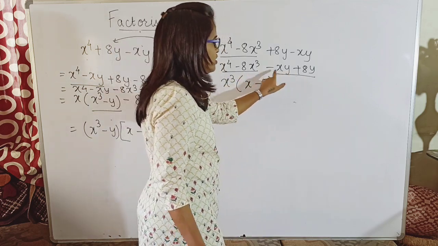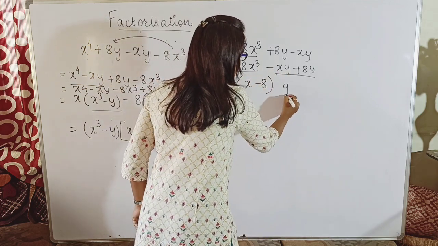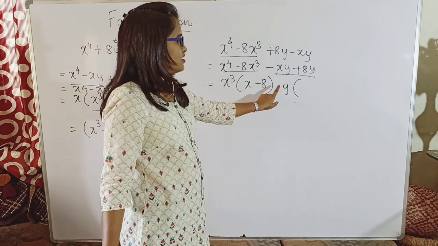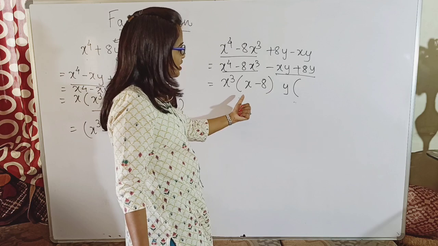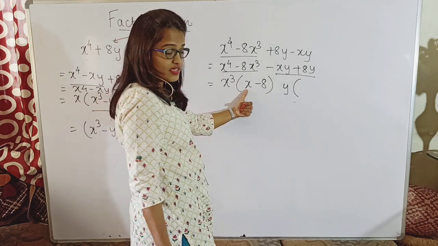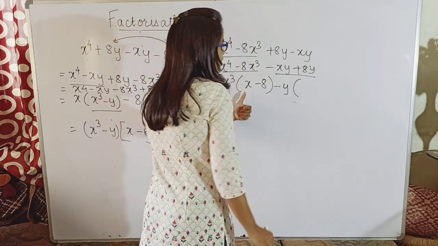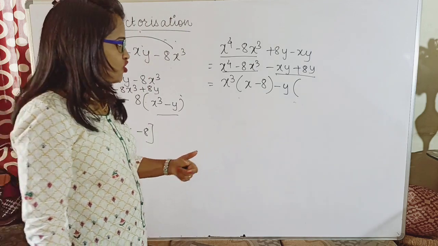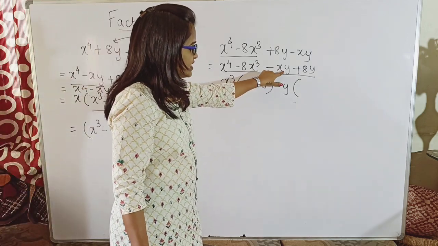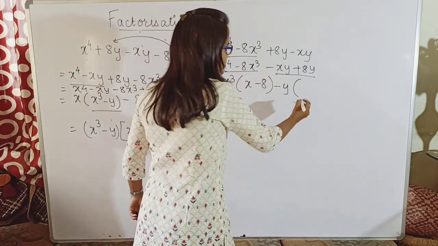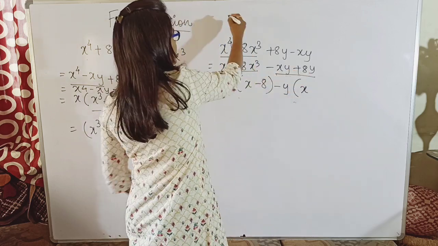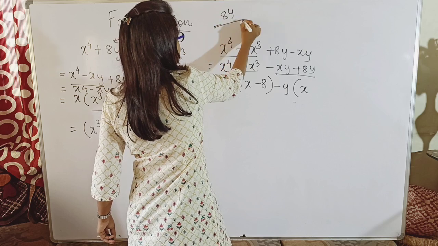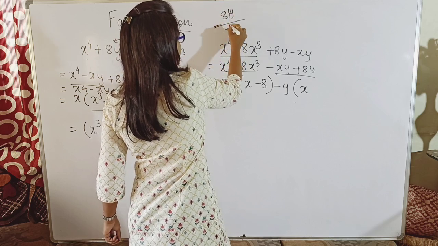Now from these two, what is common? Let us take y as common. If I take plus y as common, I will get minus x in the bracket. But what I want is plus x. So instead of taking plus y, let us take minus y as common. So minus xy divided by minus y will give me plus x. 8y divided by minus y, so y will get cancelled.